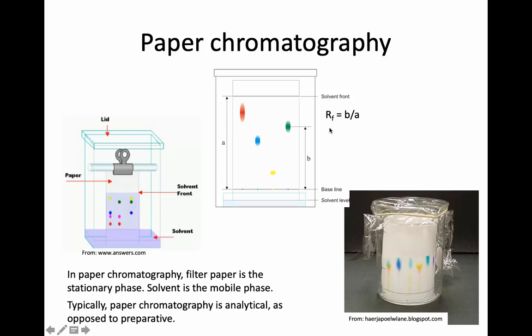And as I said, the ratio between how far an analyte travels versus how far the solvent front travels determines basically the affinity of your analyte to your paper chromatography media. Because the analyte is not usually collected at the end of your assay, paper chromatography is just an analytical assay.